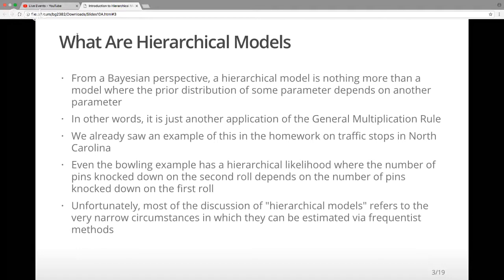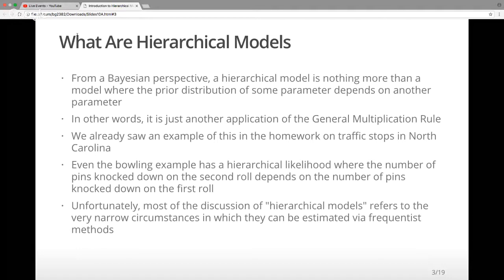But the paper homework assignment we did on traffic stops in North Carolina was an example of a hierarchical prior, or a hierarchical data generating process. There were police department parameters, for particular police departments, that depended on the overall North Carolina level parameters.